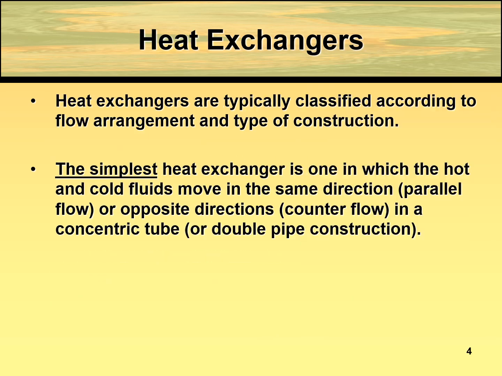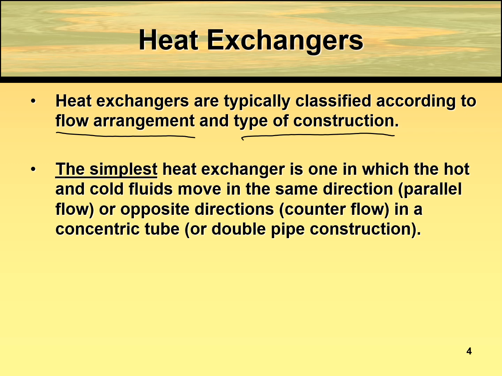All right. So heat exchangers are typically classified according to the flow arrangement and the type of construction. As you can see here, the flow arrangement can be counter flow, where the flows are in opposite directions, or parallel flow, and the type of construction is the layout of the heat exchanger itself.